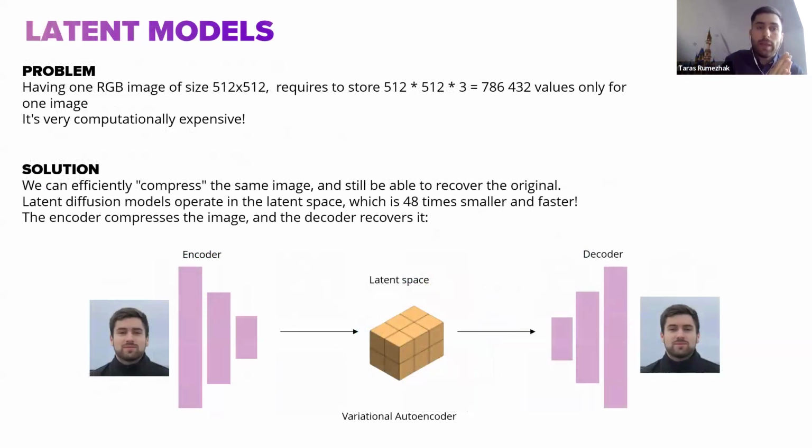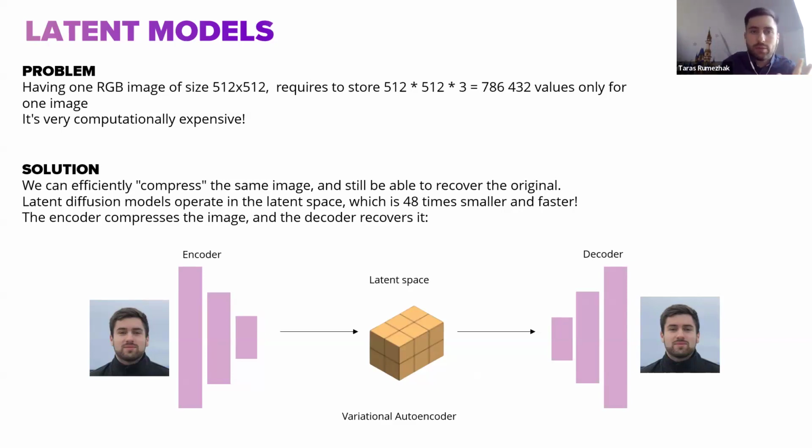Now let's talk about latent models. What I just mentioned is ideal, but only in an imaginary world. It doesn't work so perfectly because of the high resolution of the images.